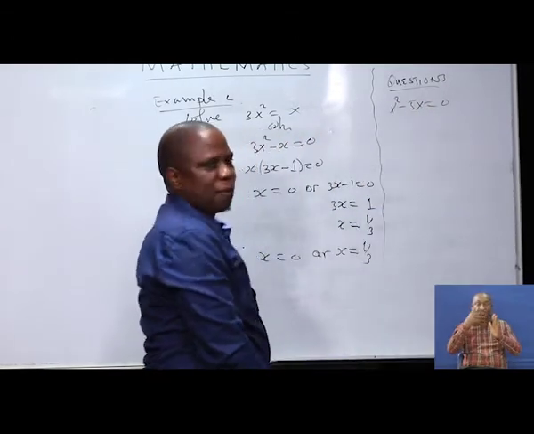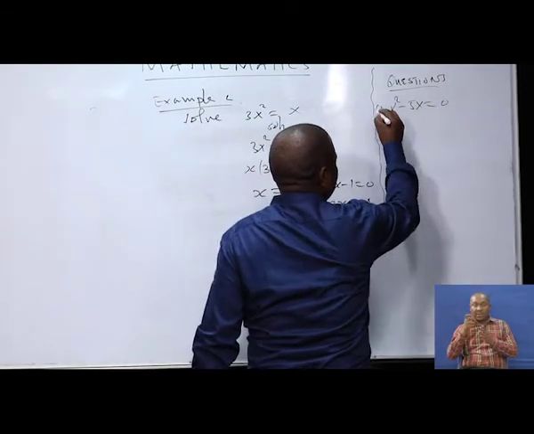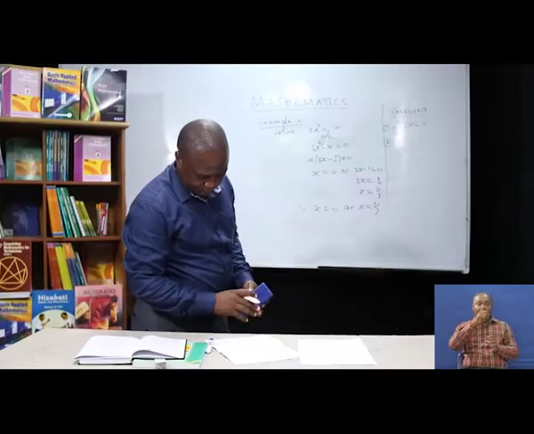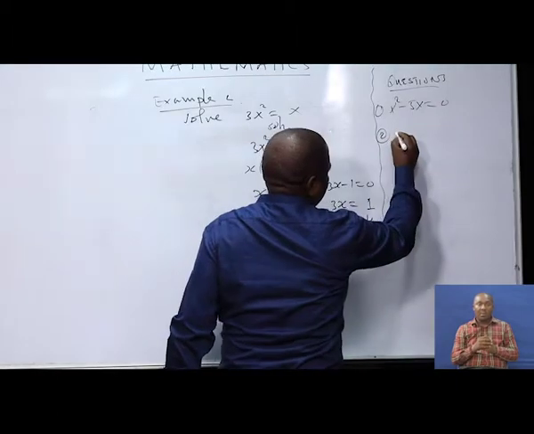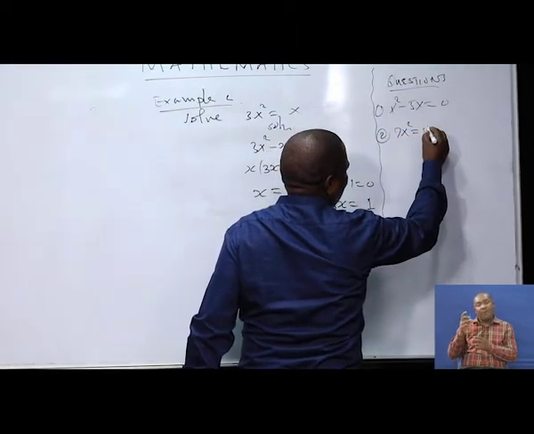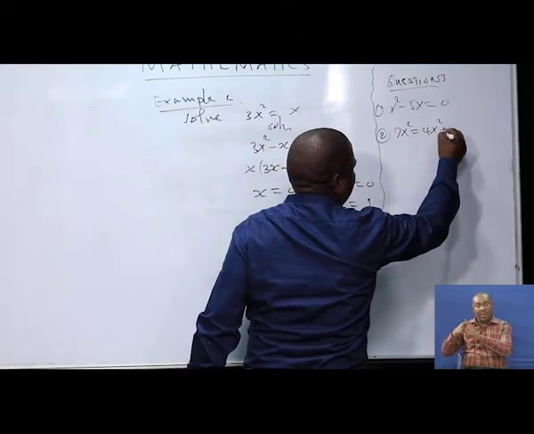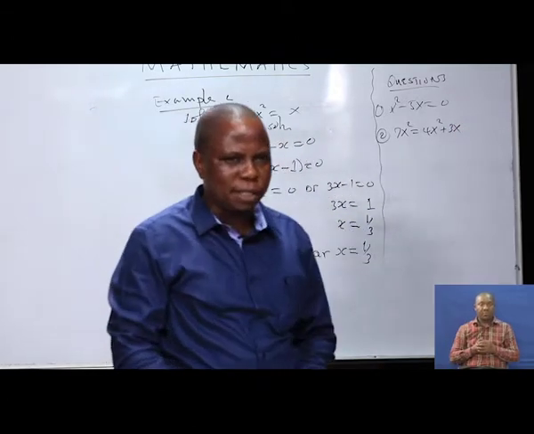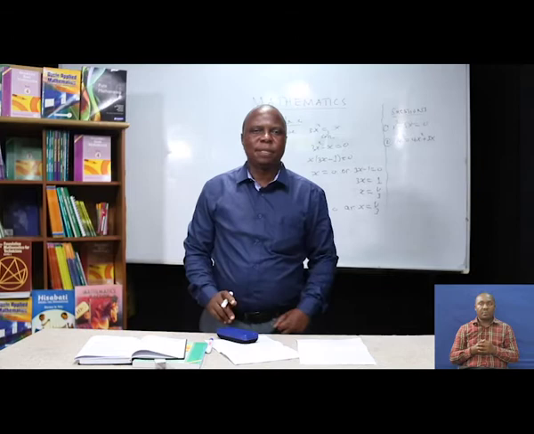Can you solve that question for me? 1, 2. 7x squared is equal to 4x squared plus 3x. Can you solve those two equations? 1 minute.